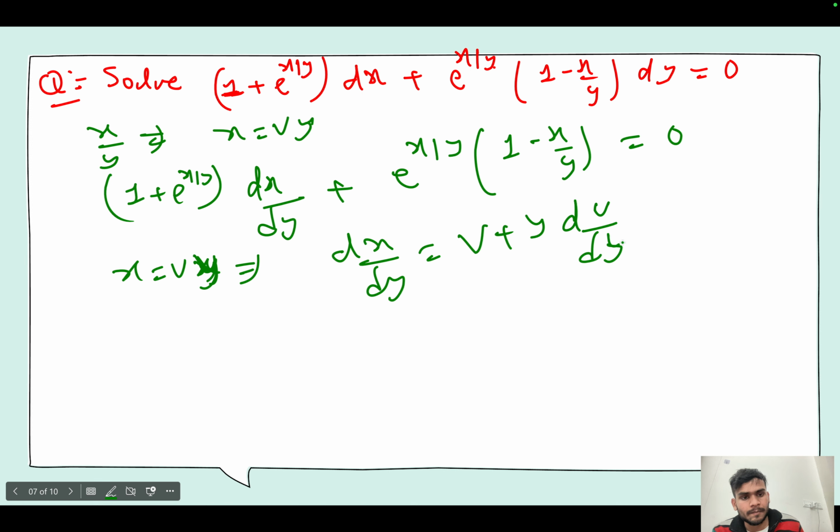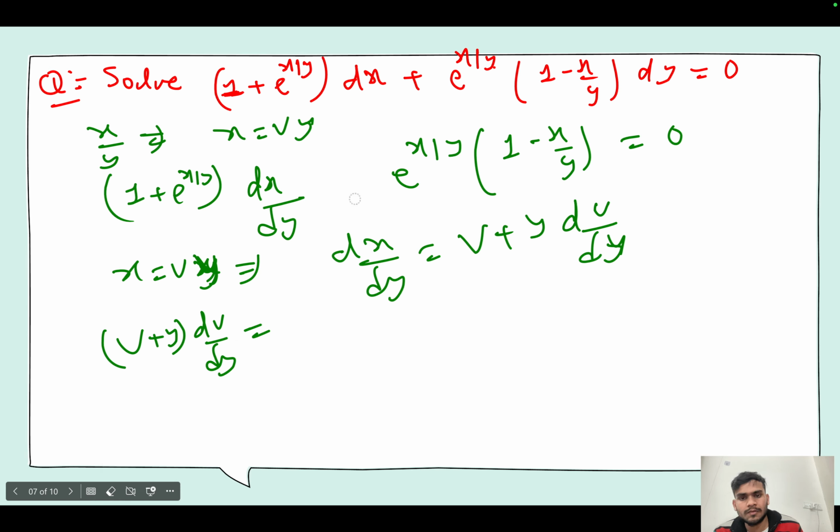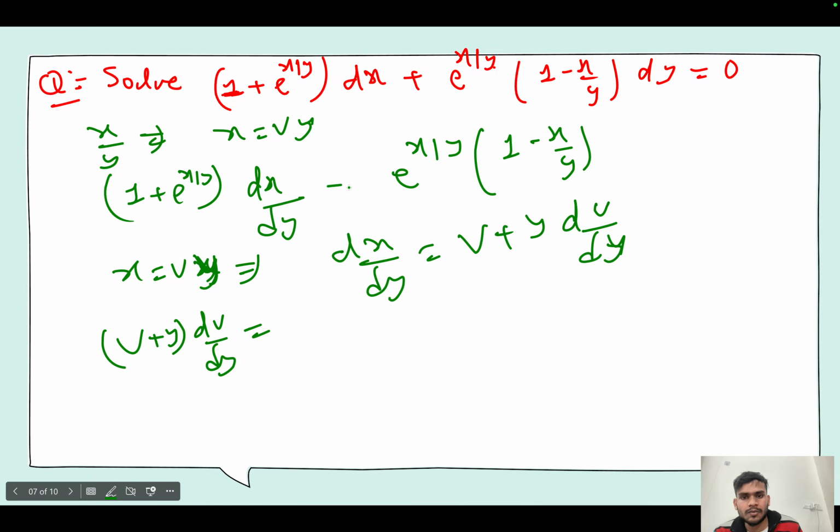Okay, so put here, it will become v plus y dv by dy is equal to, okay, take it on this side, then it will become minus e to the power x by y.